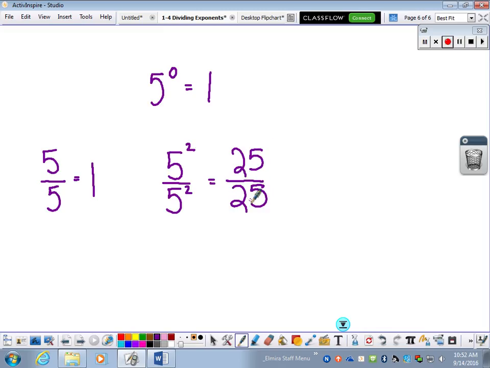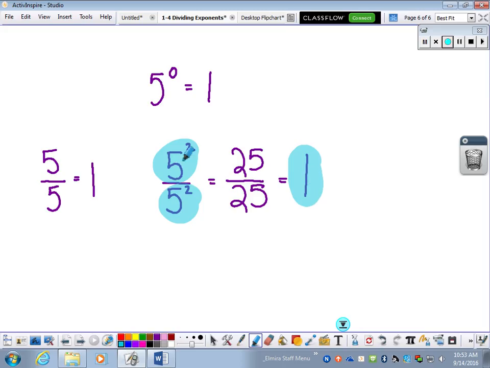That's no exponents in it. And if we just look at 25 over 25, we know that that's 1. And it really all comes down to anything divided by itself is 1.